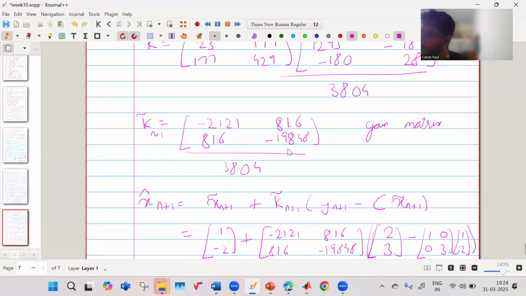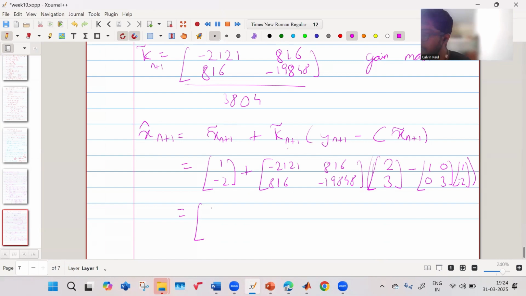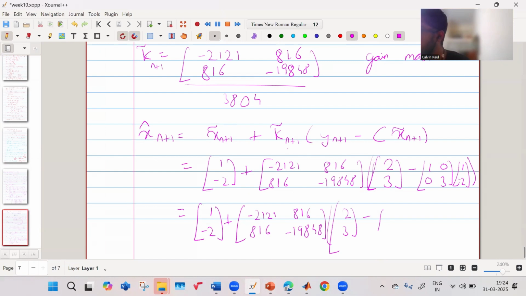Okay, so sorry, it's a bit messy, but this is 1 minus 2 plus minus 2121, 816, 816 minus 19848 into 2, 3 minus 1, and this will be minus 6.